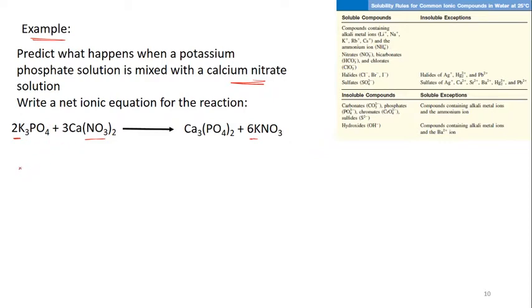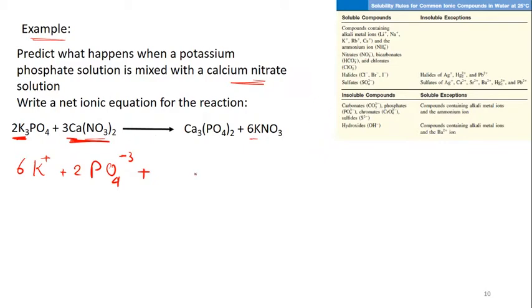the ionic equation. In my ionic equation, anything that contains alkali metals will be presented as ions. So I have 6 potassium plus 2 phosphate ions plus this part will be soluble as well. From here I could see that all nitrates are soluble.